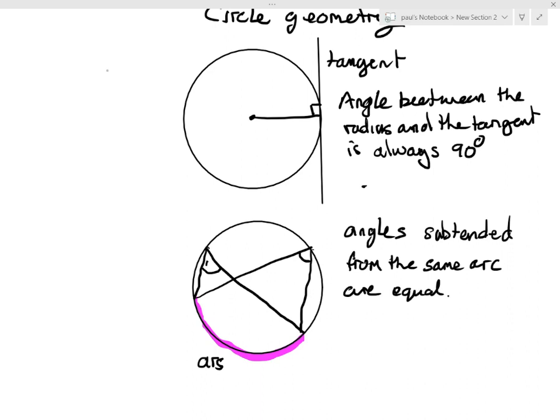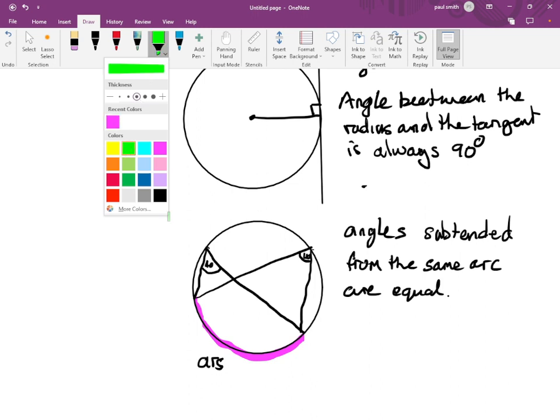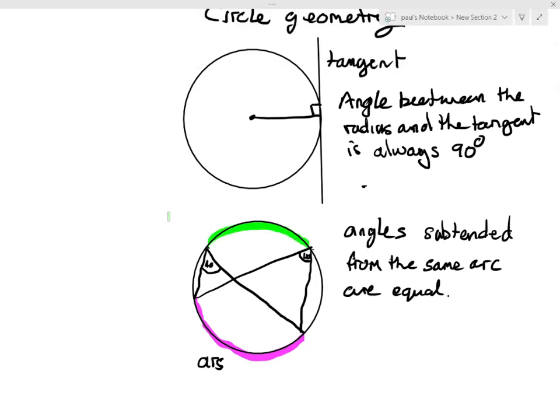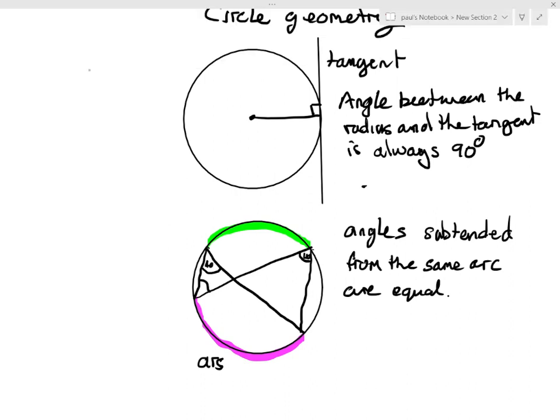So if this was 40, this would be 40 as well. Now it just so happens that we have, if I can do another colour, an arc here, and we can turn it upside down, and the angles there subtended from the green arc are also the same. It could be anything, but yeah, it doesn't matter where it is. If they come from the same arc, they are the same as each other.